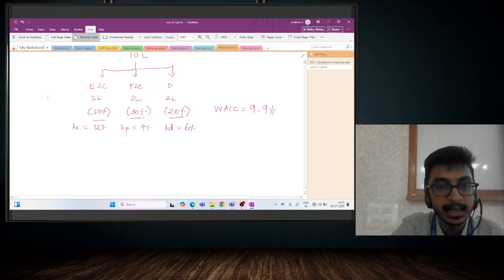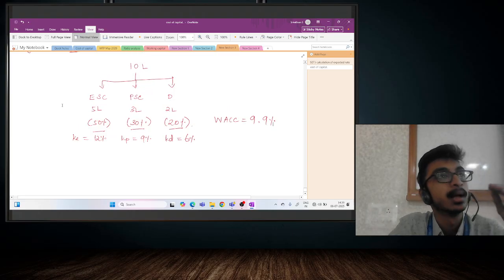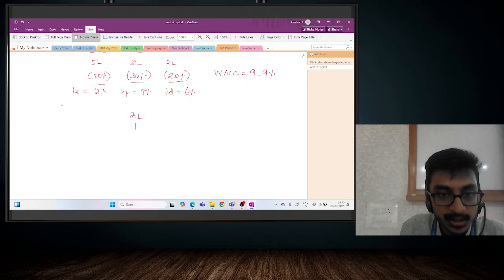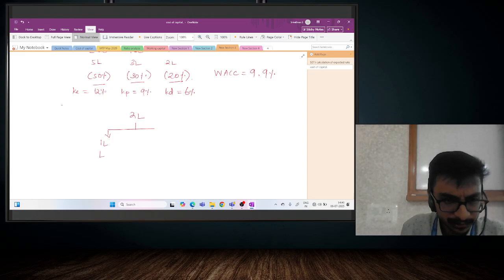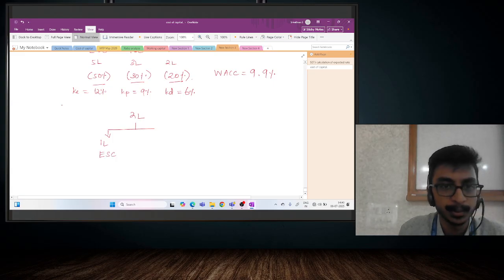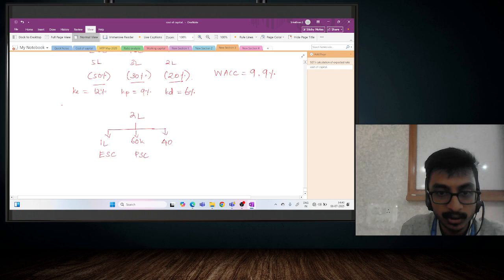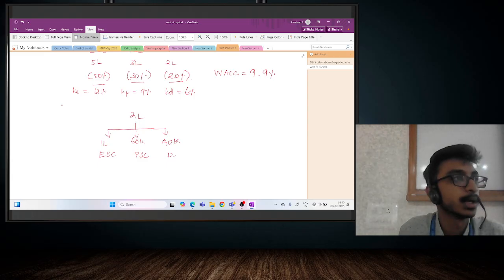Now listen, this 10 lakh rupees is the existing capital. Now let's say the company wants to raise an additional capital of 2 lakh rupees. So now 2 lakh rupees is the additional capital. Out of this 2 lakh rupees, let's say 1 lakh rupees is equity share capital, and 60,000 rupees is preference share capital, and the remaining 40,000 rupees is debentures or debt.